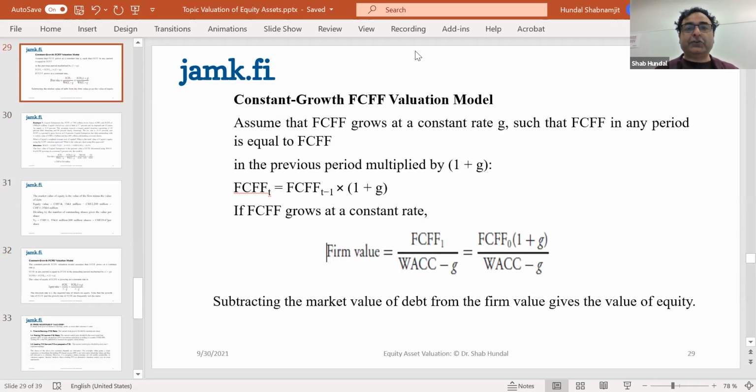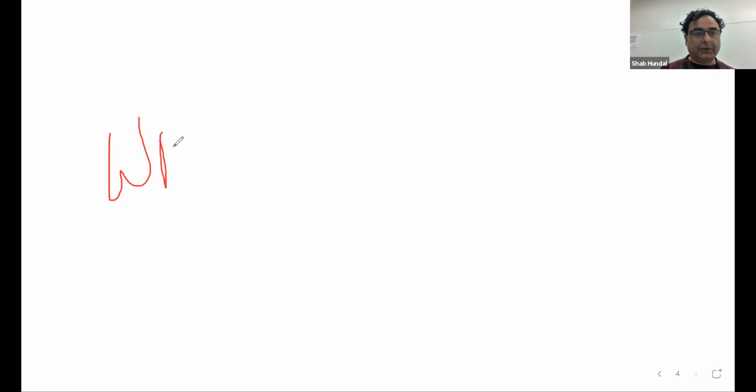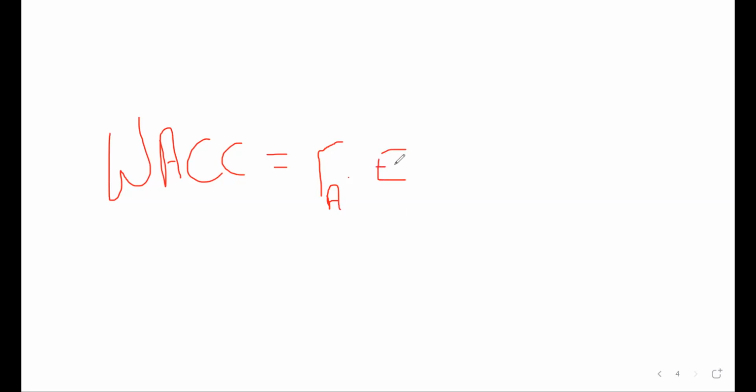We have done it, but just in case you want a quick recap: the weighted average cost of capital, WACC, is equal to the return on equity multiplied by the weight of equity.